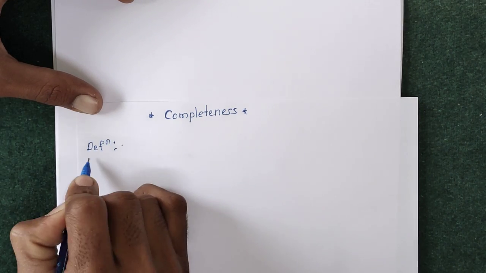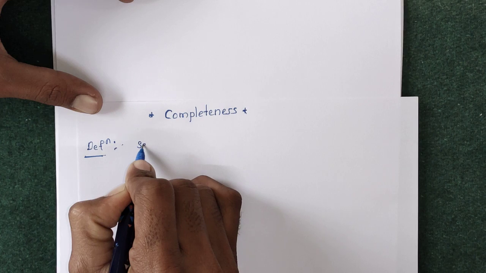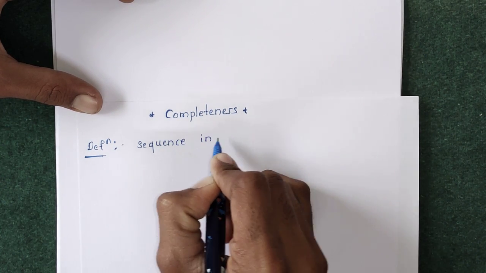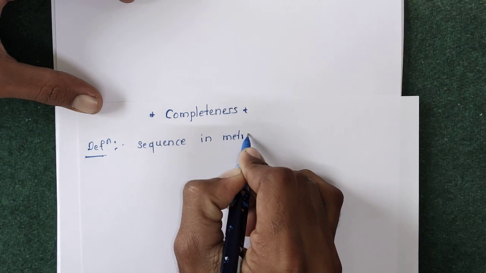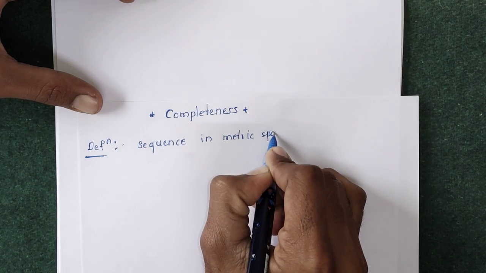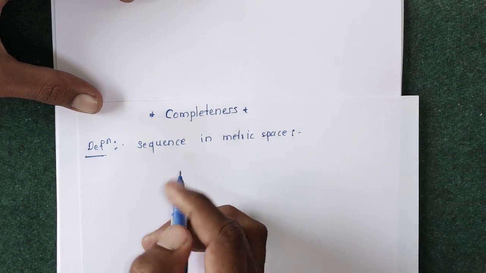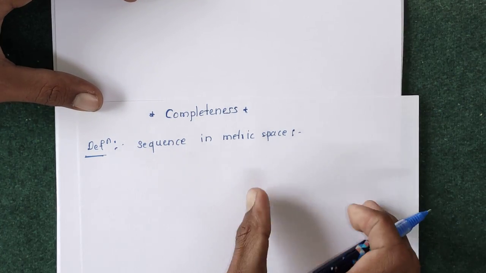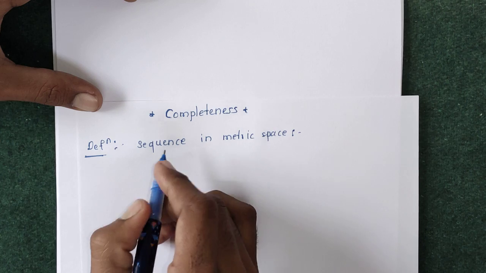Definition of sequence in metric space. A sequence in metric space is just a function from the set of natural numbers to some metric space (X, d).